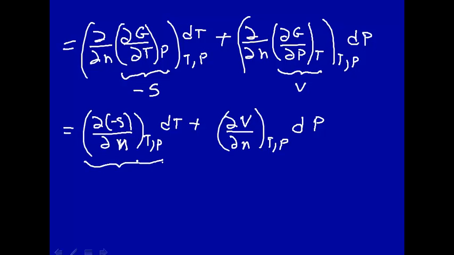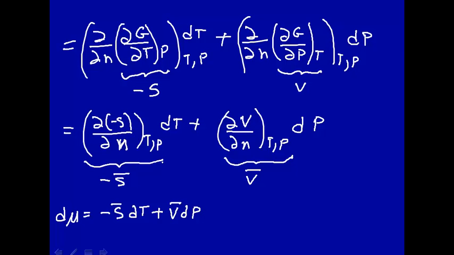This we define, remember, as minus the partial molar entropy. So when you take a quantity and take the derivative with respect to number of moles, you get a partial molar quantity, and we'll denote the partial molar quantity with a bar above the quantity. And this you might also recognize as the partial molar volume. So we can rewrite this as minus S-bar dT plus V-bar dp.